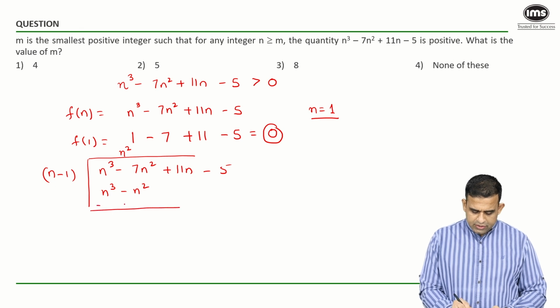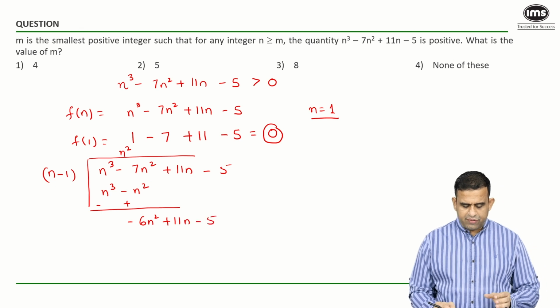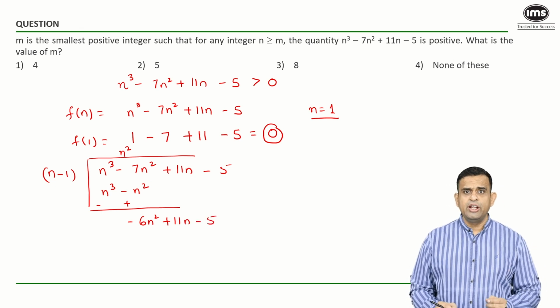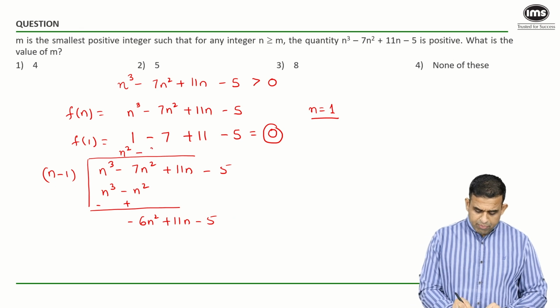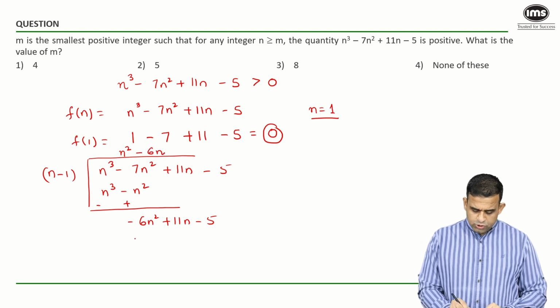Let's subtract. You get now minus 6n square plus 11n minus 5. Now what will you multiply in n to reach minus 6n square? The simple answer will be minus 6n. So I get minus 6n square plus 6n, and again subtract.